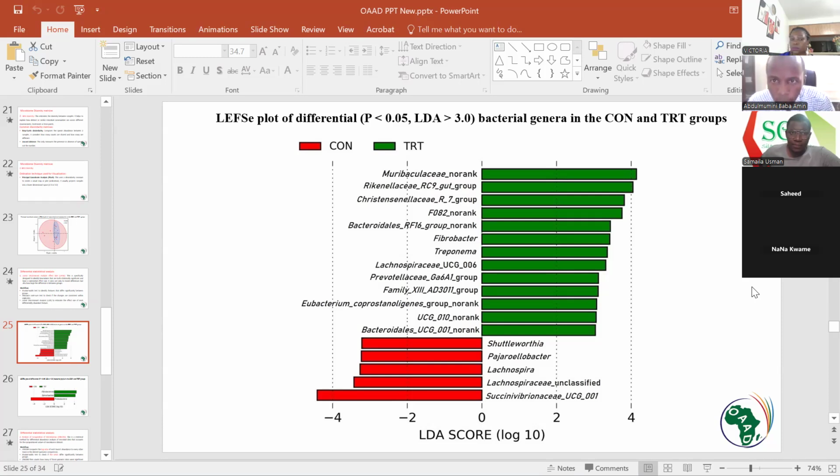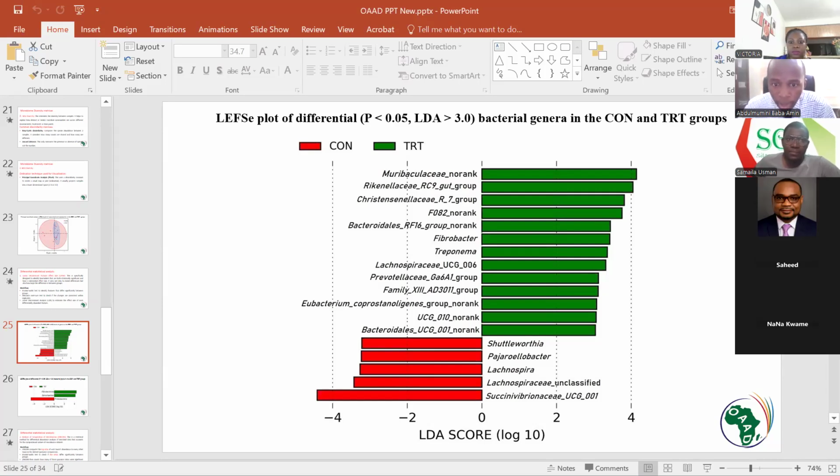Thank you for the question. I didn't get your name, but thank you, doctor. There is a little clarification I want to give on this figure. The red one, because it's negative, doesn't mean that it's lower in the CON group.